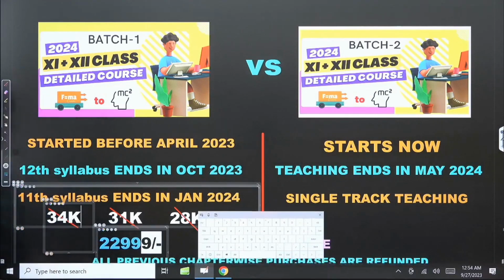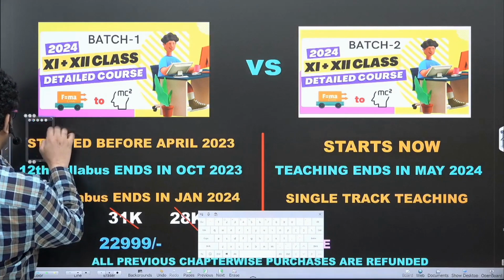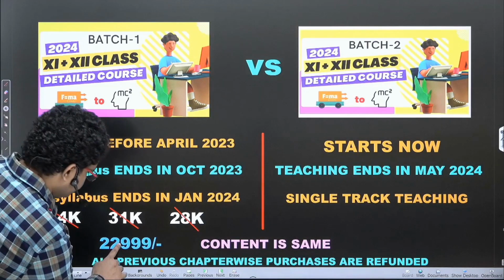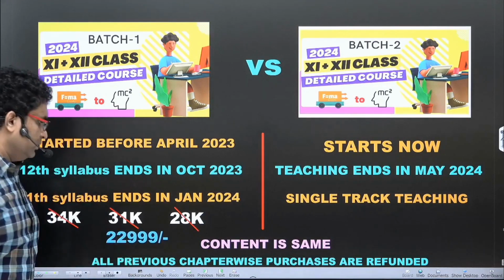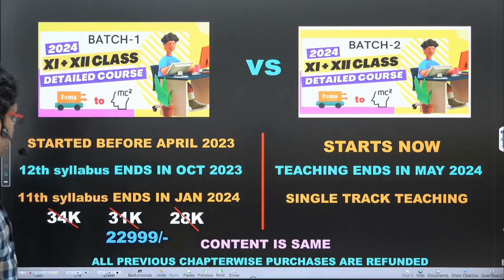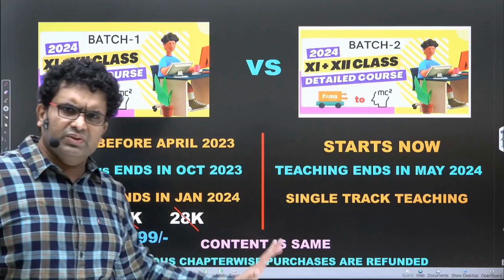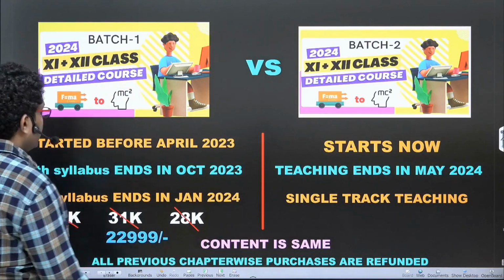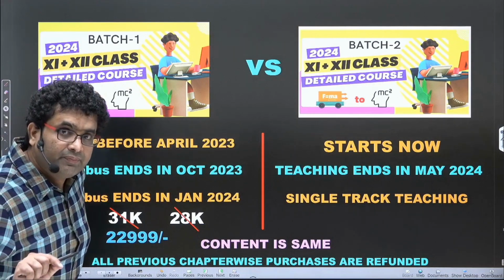So for batch 1, 22,999 is the current price. No coupon codes, nothing. This is the discounted price already, 22,999 for students who are opting for batch 1.